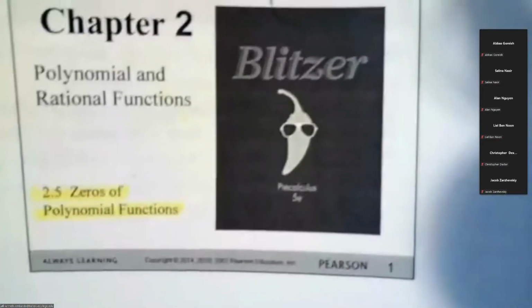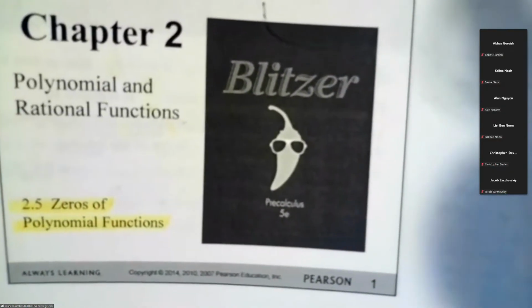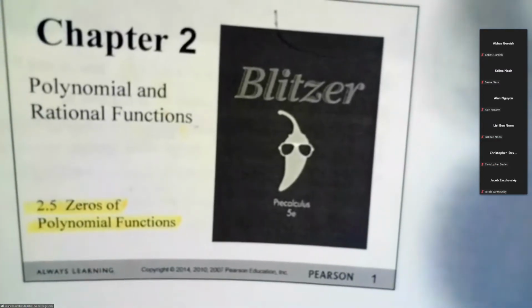2.5, which looks at zeros of polynomial functions.